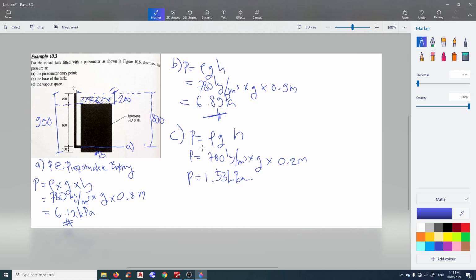But because this vapor space is pushing the fluid down, there is fluid coming up in the piezometer, rising above the surface of the liquid by 200 mil. So our vapor is actually 1.53 kPa, exerting a pressure down on the fluid, which causes the fluid in the piezometer to rise. Hope that makes sense.